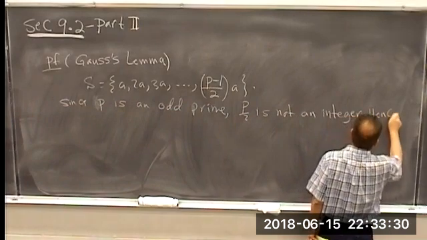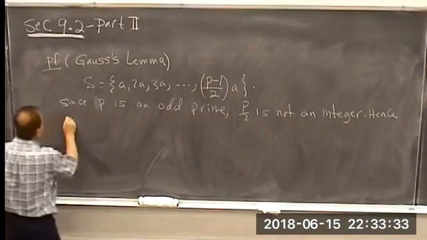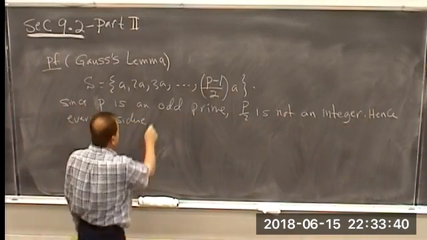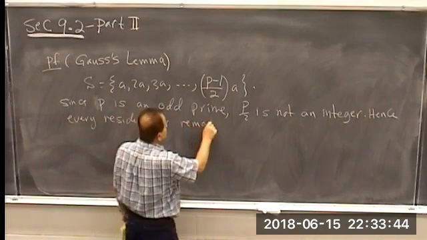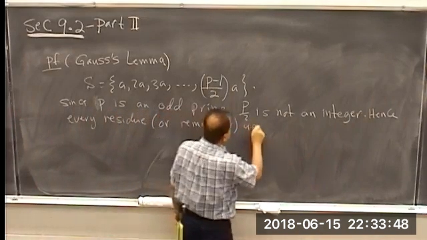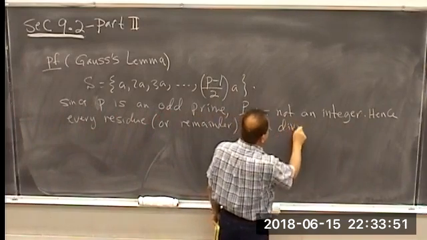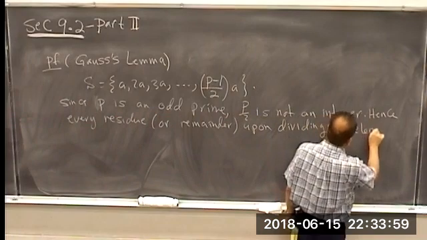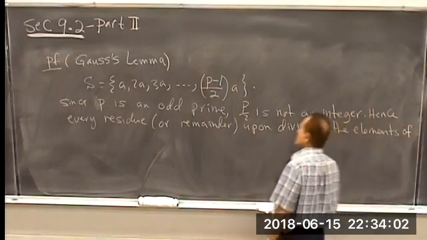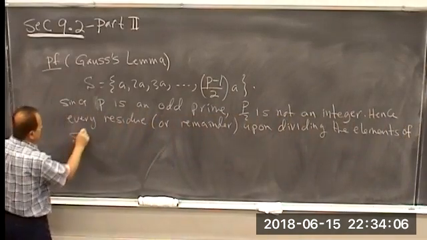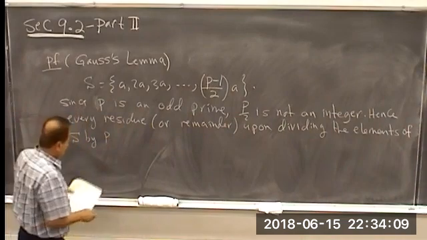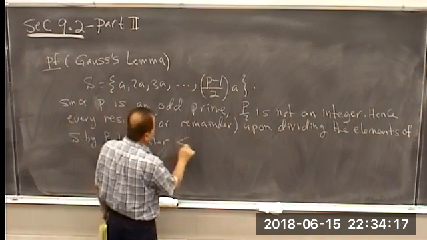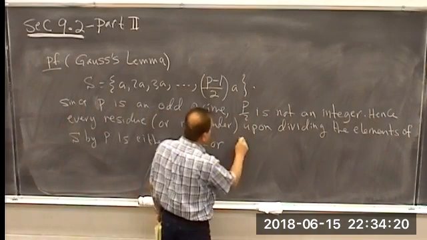hence every residue, or we call it remainder, upon dividing the elements of S by p is either less than p over 2 or bigger than p over 2.